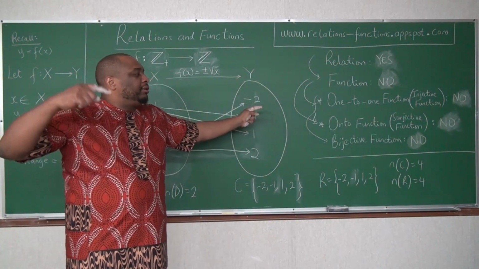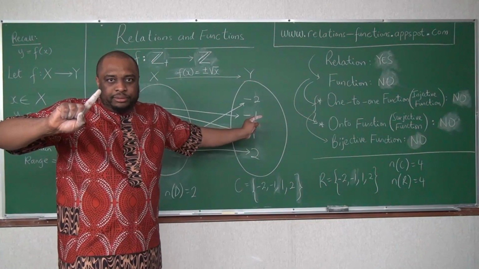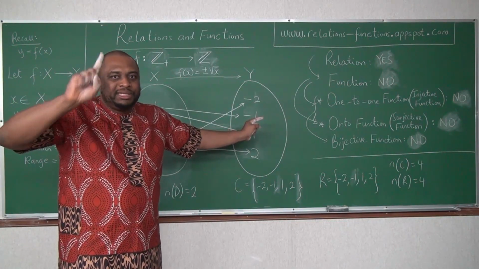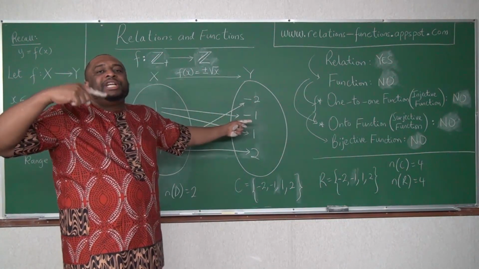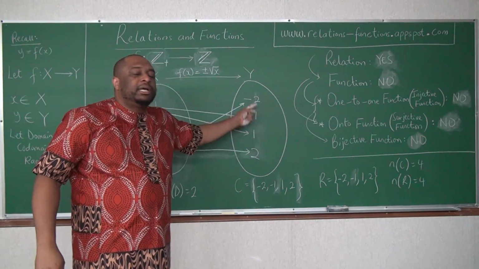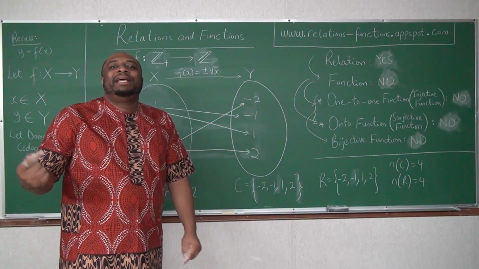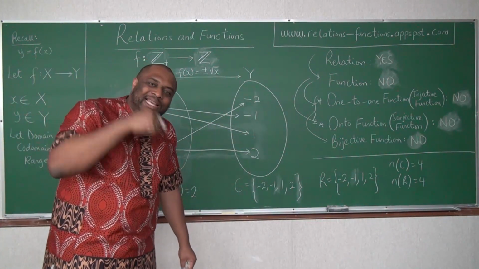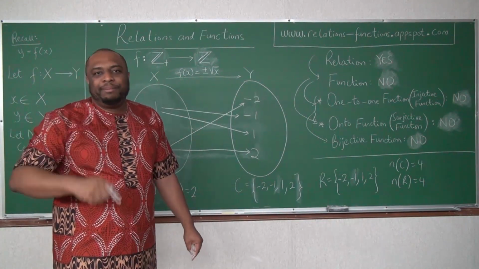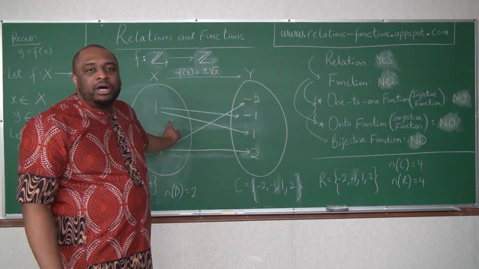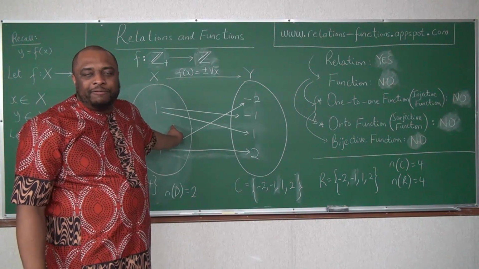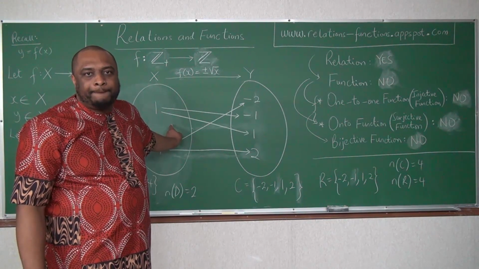An onto function is first and foremost a function in which every element of the codomain is an image of an element in the domain.